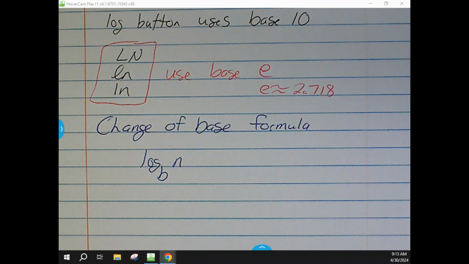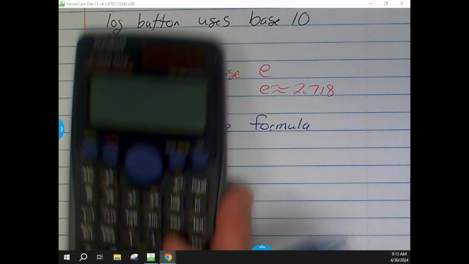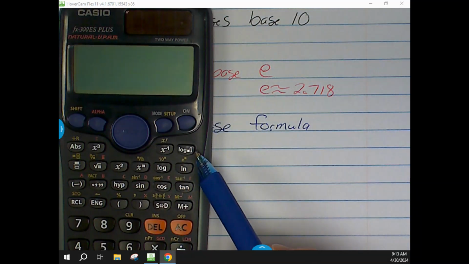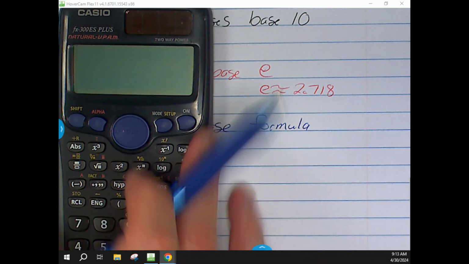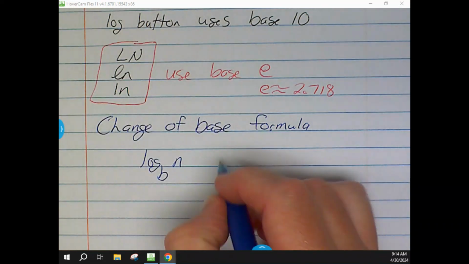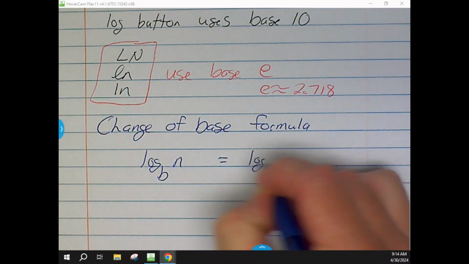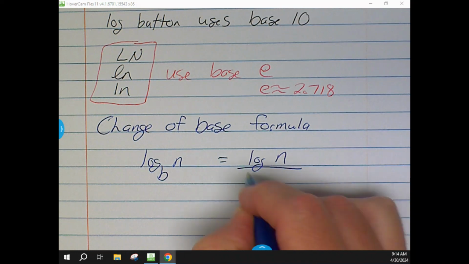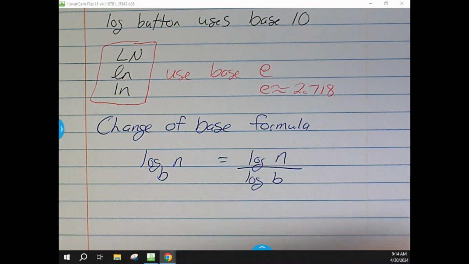And if you've got Casio calculators, some of them may already have that button built in, so you don't even have to do that. If you got the Casios, that's this button right here. You can just punch it straight in. If you have some of the Texas Instruments or some of the other Casios, they don't have that button, so we'll show you how to do this. You have to do the log of N divided by the log of b.